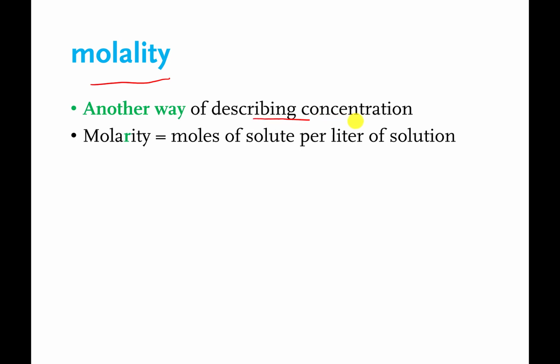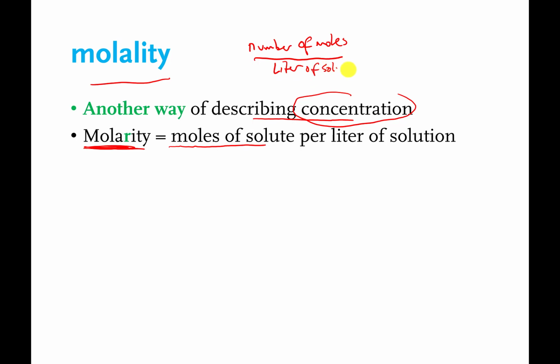Molality is another way of describing the concentration of something you've dissolved in a liquid. Molarity, which is not the same thing as molality, if you remember from previous semester, is the number of moles of solute per liter of solution. Molality is close to that.